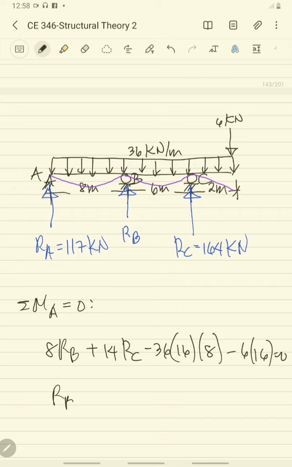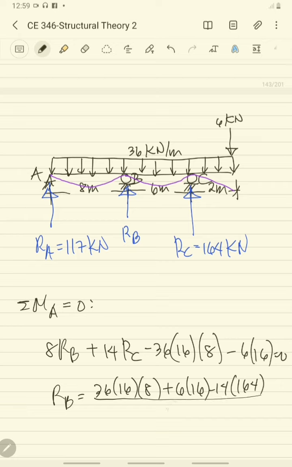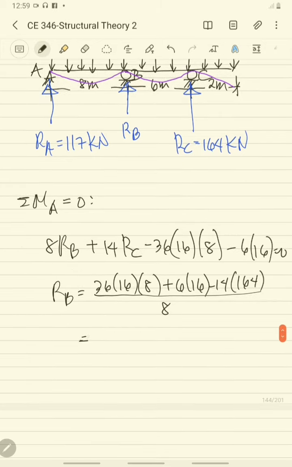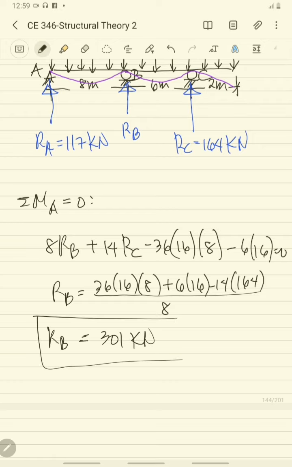So RB now is equal to 36 times 16 times 8 plus 6 times 16 minus 14 times 164, all divided by 8. So that is equal to 301 kilonewton. So these are our reactions.